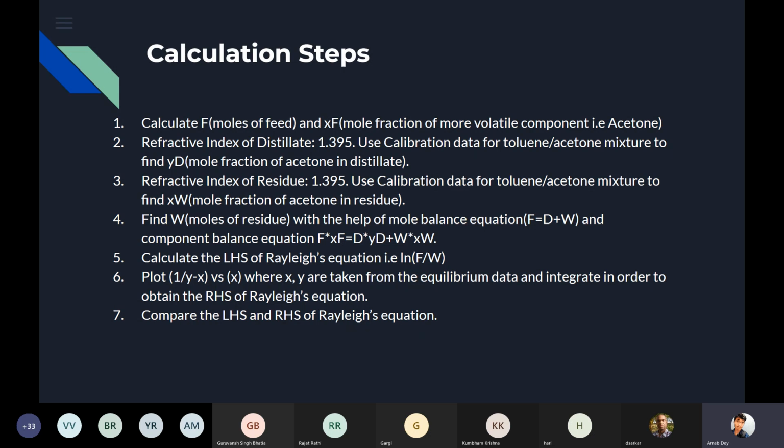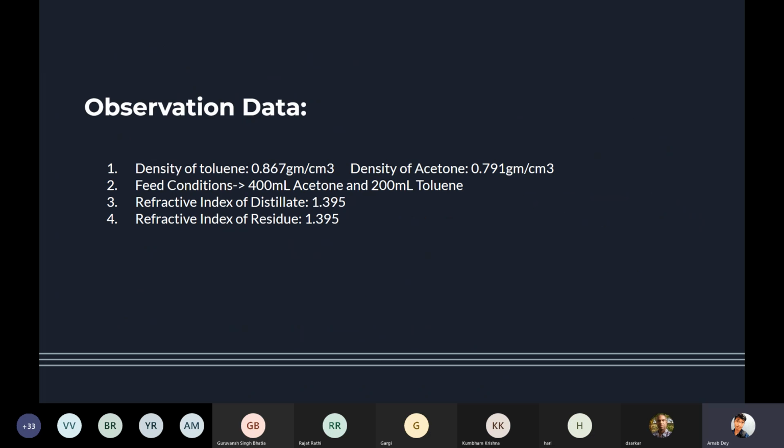Now once we have F and W, which we have calculated using these two equations, the mole balance equation and component balance equation, we can determine the LHS of Rayleigh's equation, that is ln of F by W. Now coming to the RHS of Rayleigh's equation, that is the integration part. Here we have the equilibrium data.